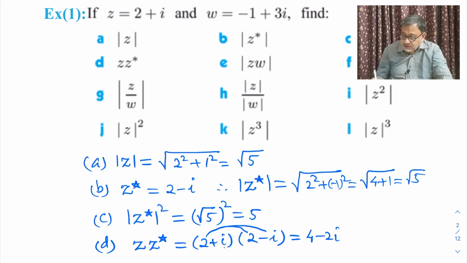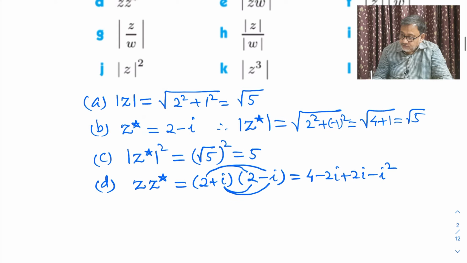Then 2 with minus i is minus 2i. Then i with 2 is plus 2i. And i multiplied with minus i gives minus i square. When simplified, it is 4, and then these two cancel each other. i square is minus 1, so minus of minus 1 is plus 1, and therefore it is 5.